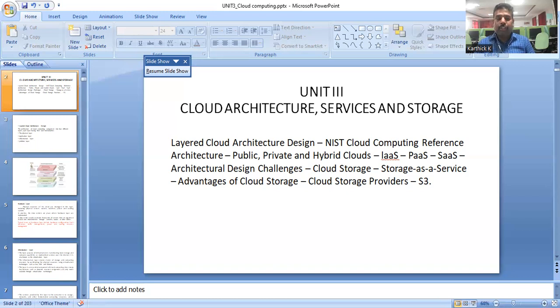Third is the application layer. The application layer comes under the very first layer, as I said, in networks. In networks also, application is your top layer. Here in cloud services also, the application layer is the top layer. Through this, users are able to access their services. So that is your application layer.